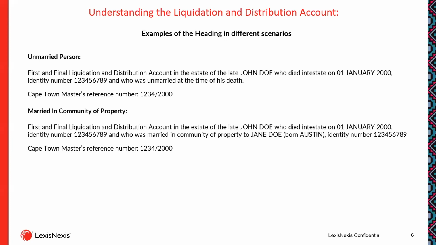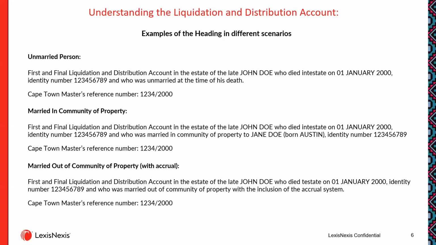We'll also see a heading for a person married in community of property, where we include the marital regime, as well as the name and identity number of the surviving spouse. And we also have an example of a marriage out of community of property with accrual, where we also include the marital regime and an indication that the accrual system applies.